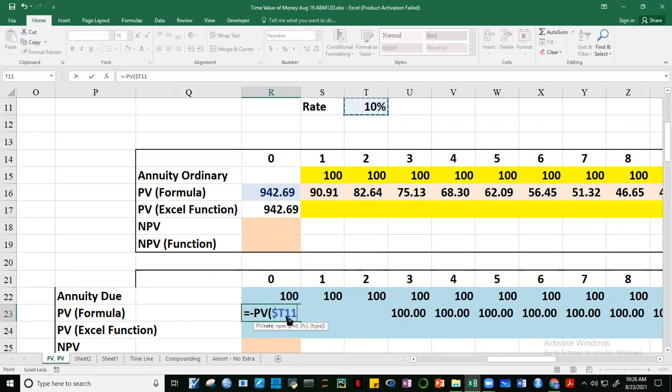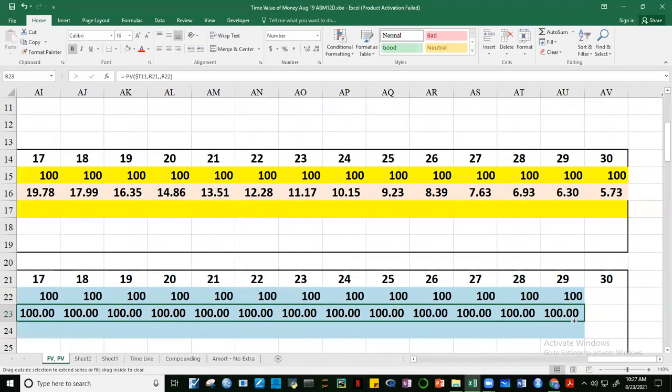Dapat ang finix ko, guys, yung column. Sorry. Comma. N per is this one, 0. Comma. PMT is this one. Okay, tama na to. Hindi yata. N per, 0. Ay, sorry, hindi siya PMT. It's future value. Sorry guys, sorry. Control Enter. Yan, 100 siya. Copy to the right.